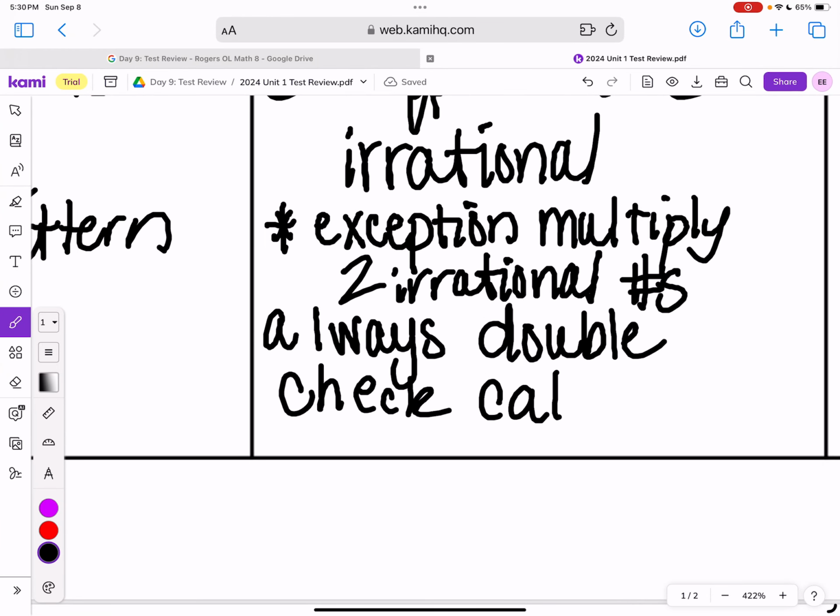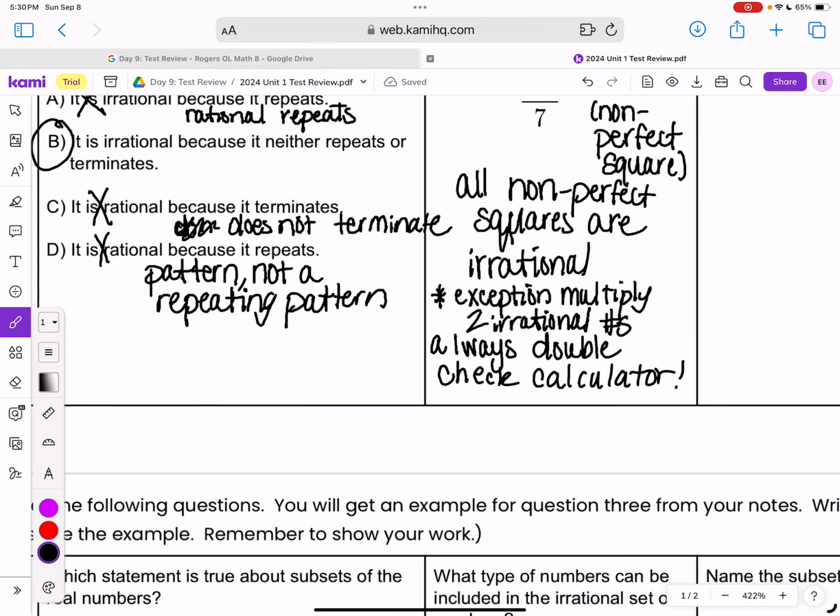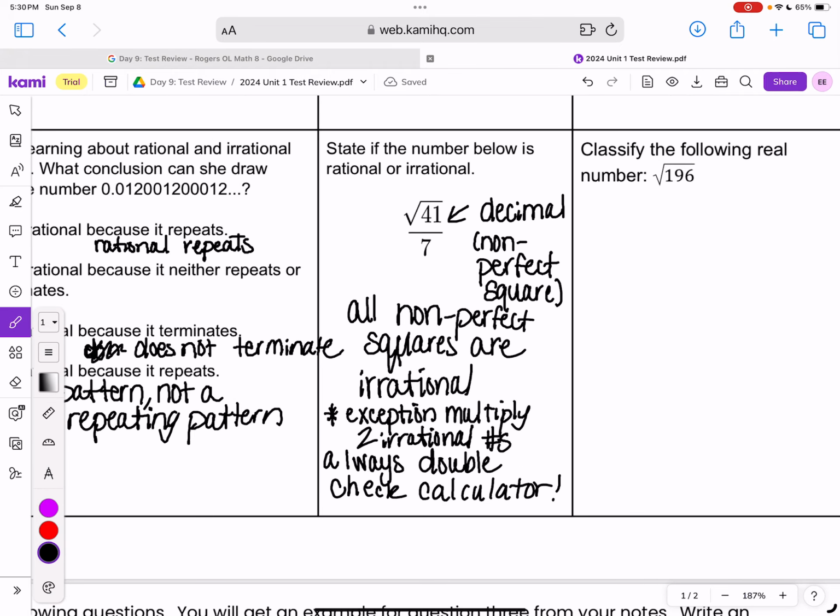For the answer of this one, it wants to know if it's irrational or rational. This one is irrational. The next one is a classification. This also goes into the real number system we're going to go into. If you put this in your calculator, you're going to get 14.